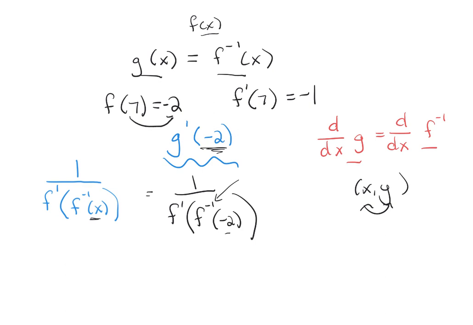Notice here, we go to the y of f, because the y of f is the x of the inverse, and the x that matches that up is the y on the inverse. So this right here equals 7. So 1 over the derivative of f at 7, and the derivative of f at 7 is -1. So 1 over -1 equals -1.